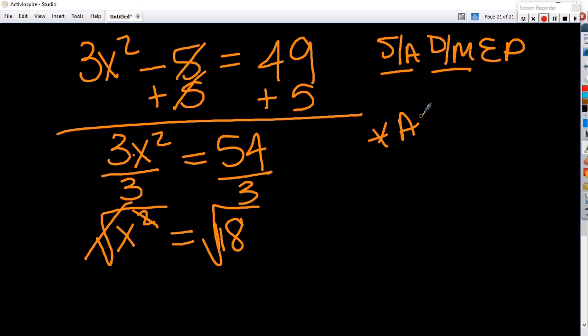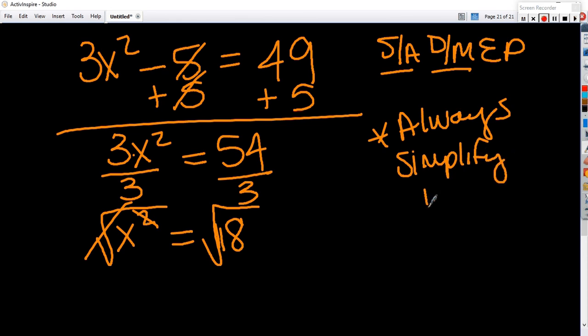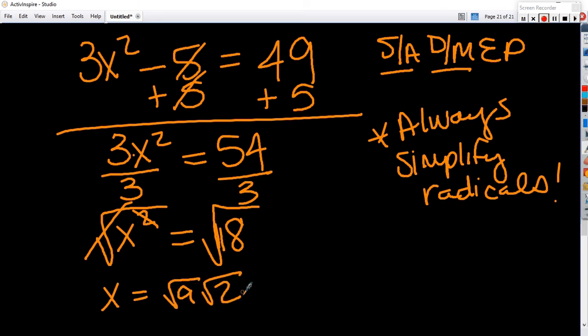You always simplify your radicals when you're done. So somebody said 9 and 2. Exactly. Don't forget that plus minus either. Plus or minus 3 square root of 2.